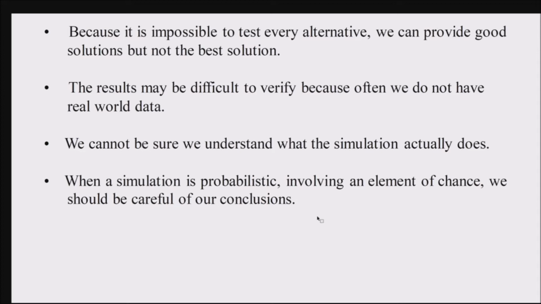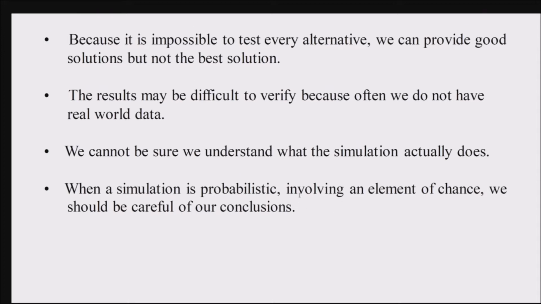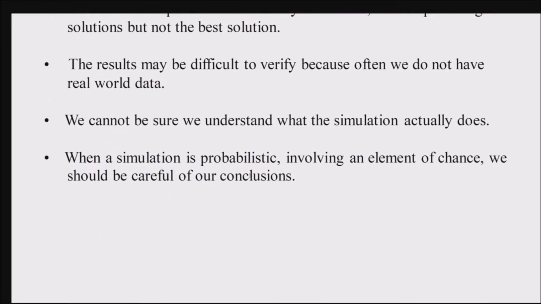It can be true, it can be false, whatever, right? So there is a probabilistic result you always get when you're making a conclusion out of it. So those are the disadvantages that we consider in the simulation, because it's not going to give you an exact result. It depends on a lot of things, right?